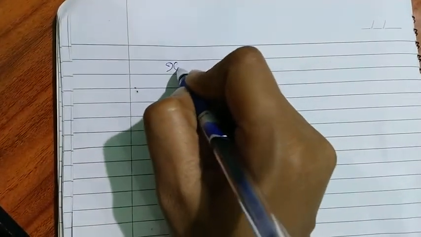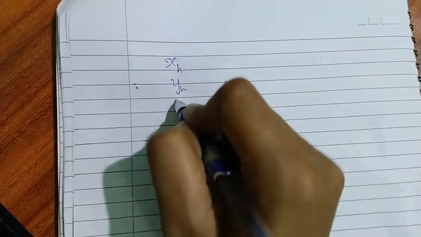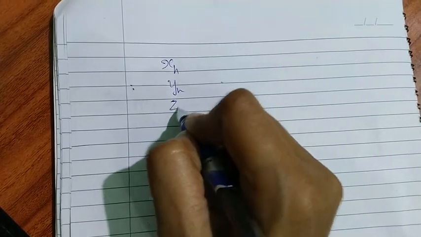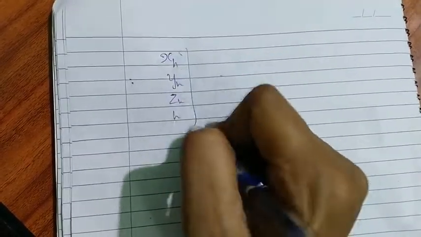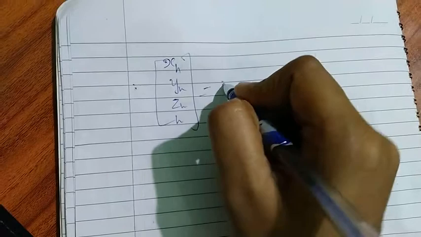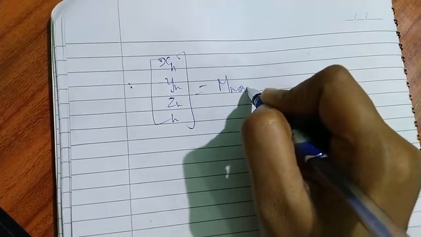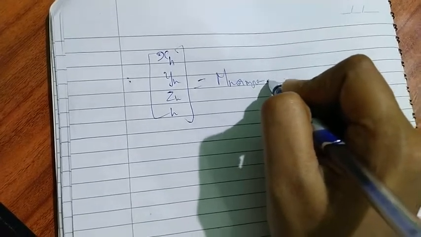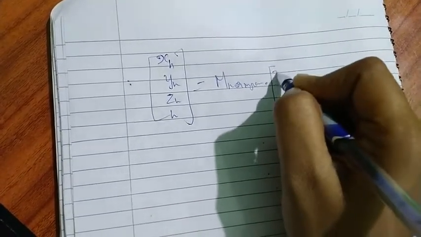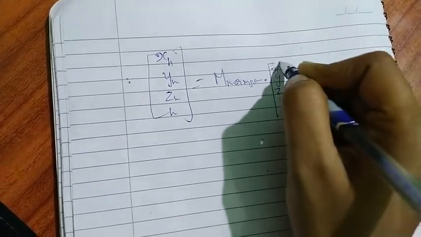Next, to obtain the homogeneous coordinates, we extract the homogeneous coordinates xh, yh, zh and h from the known value, that is, the matrix for normalized perspective dot the known value. What is the known value? X, Y, Z, 1 by the definition of the object.